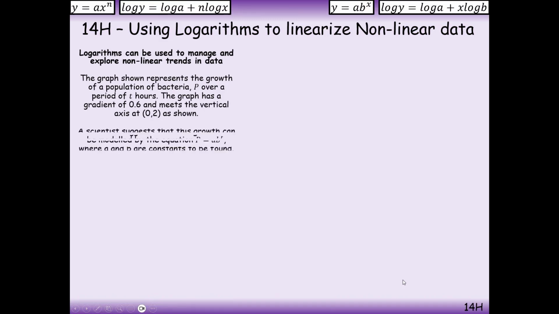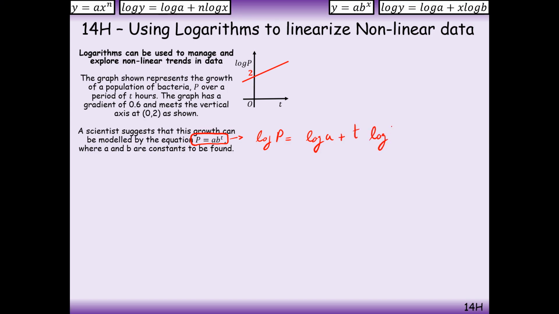So in this next example, we are given this graph where the intercept is 2, and we were told that we are plotting log p against t. Notice t is not transformed here, and you have the equation of the original exponential equation like so here. So we can take log of both sides and say log p equals log a plus t log b.